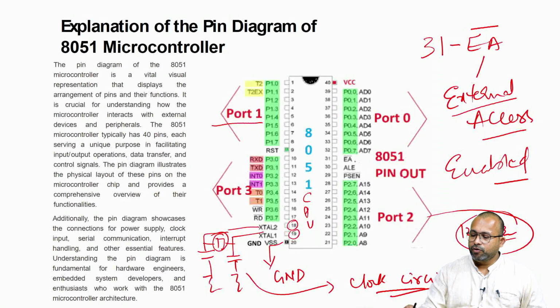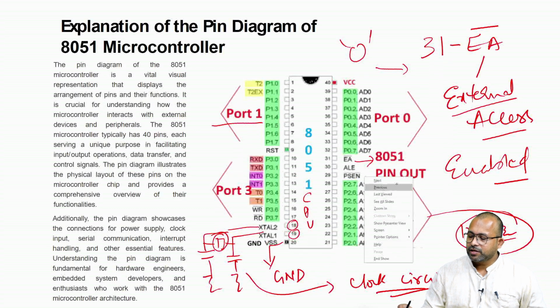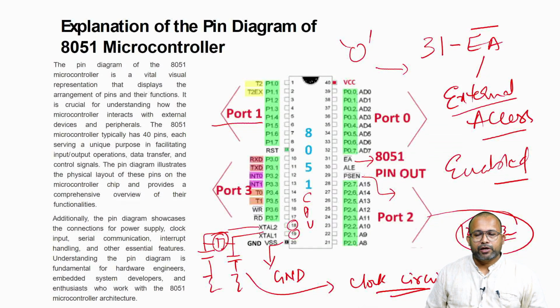As it is an active low pin, logic 0 is written to this pin in order to enable it. PSEN bar is also active low, and there are a lot of active low pins here. Read bar and write bar are active low pins, where logic 0 is written to these pins in order to activate the respective functionalities.